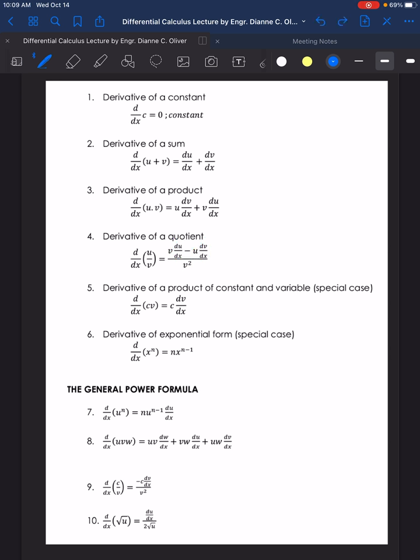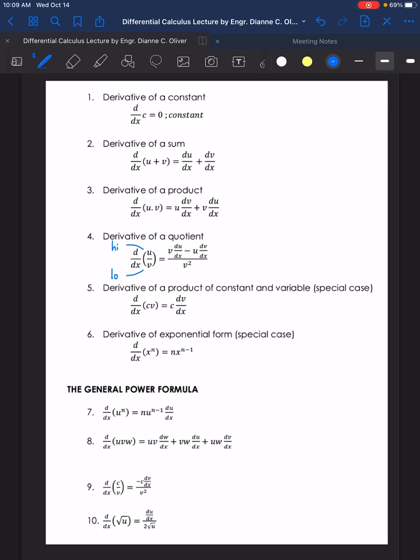Now, there's another way to remember how to get the derivative of a quotient. We will say that u here, the numerator, is your high, because it's high or above. Then your denominator here is your low, okay, because it is lower.